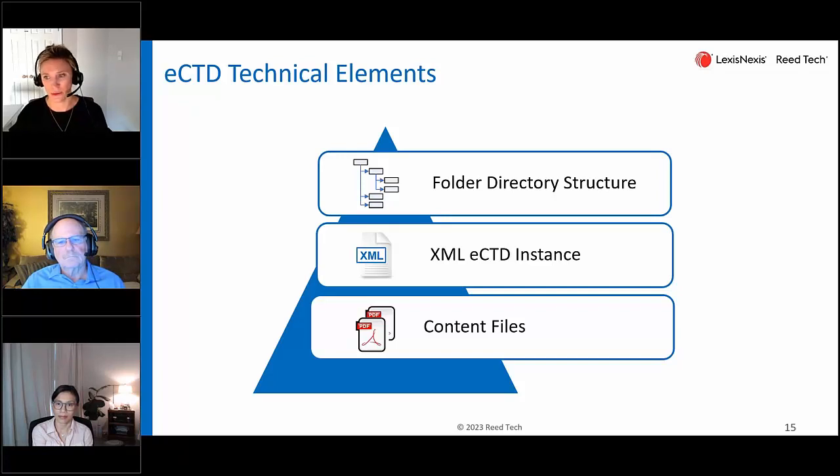Again, it's how you organize your file shares locally, and so as organized in folders and subfolders, the reviewer can navigate to the location that they're looking for based on the titles of those folders, using more of a tree structure.